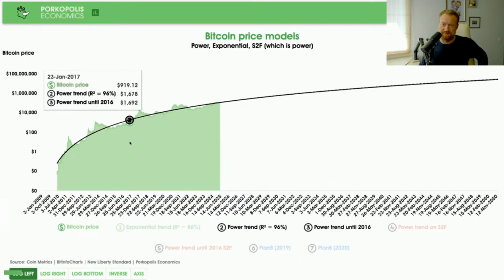So if we stopped here, with all data exactly here, when Bitcoin was only $1,500, we can get all the way to 107,000 today, which is pretty close to the all-time data.